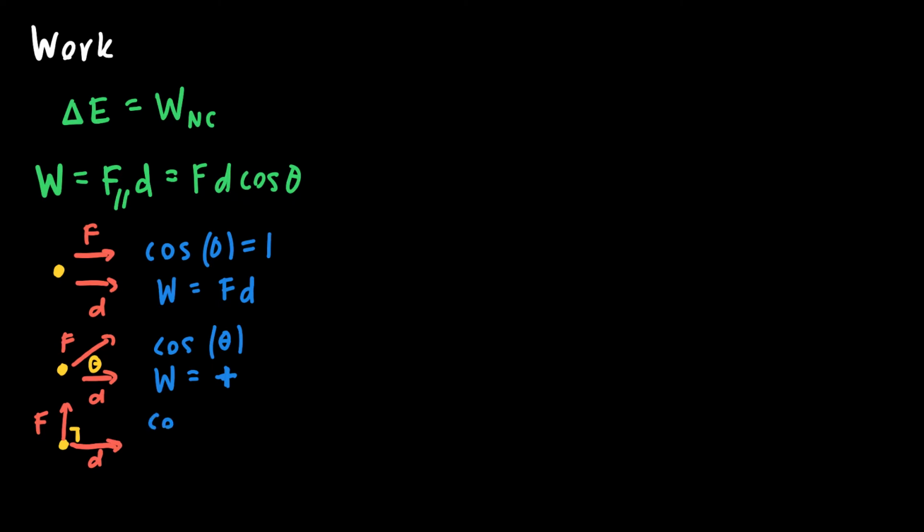And in that case, the cosine of the angle between the two vectors is the cosine of 90 degrees, which is equal to 0. And so the work done, in this case, for a force that's perpendicular to the displacement is equal to 0.